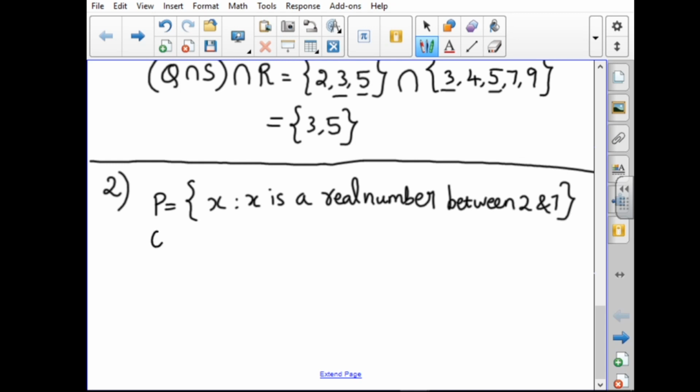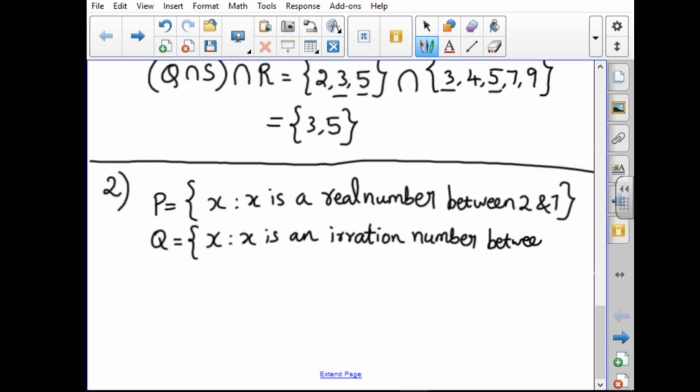Then second one, Q is equal to X such that X is an irrational number between 2 and 7. Okay.